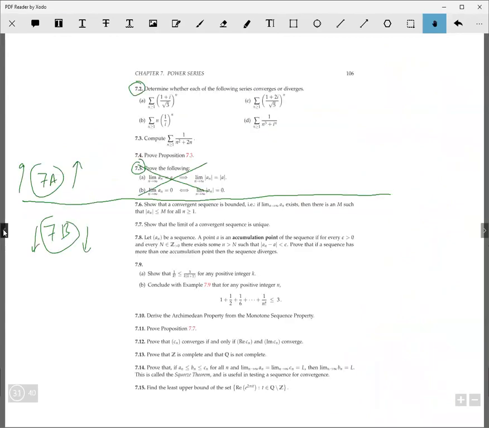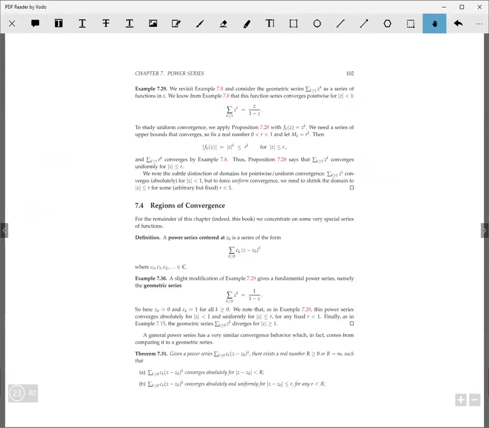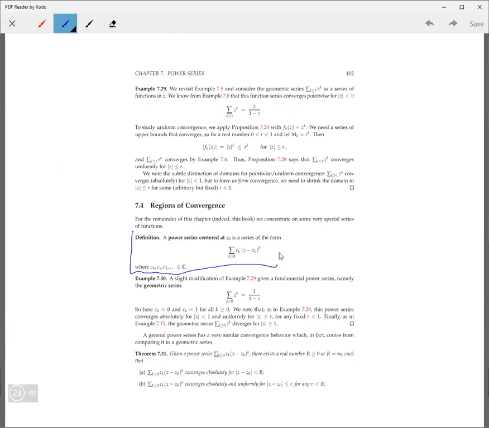And the next thing I want to look at is power series, because that's what this section is about. So power series look like this. They're of that form right here. And this is a very important example right here.